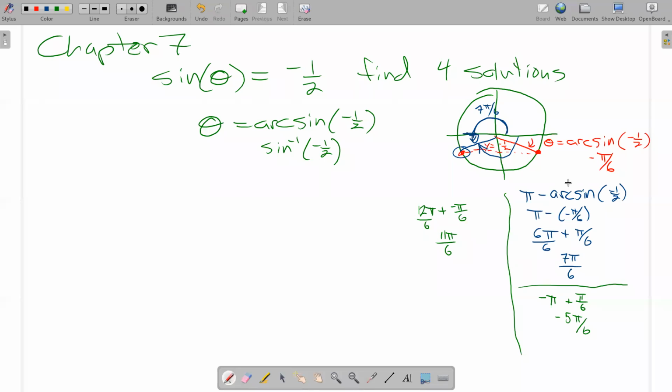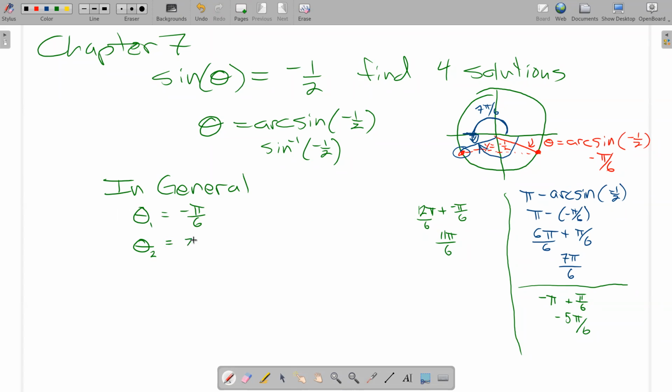And so bottom line is, once I have the first two solutions, I can keep making new ones over and over again. So in general, for this one, I have the arcsine version. Let's call that theta 1. And that's negative pi over 6. And then theta 2, that's due to the symmetry of the circle, the pi minus what the arcsine said.